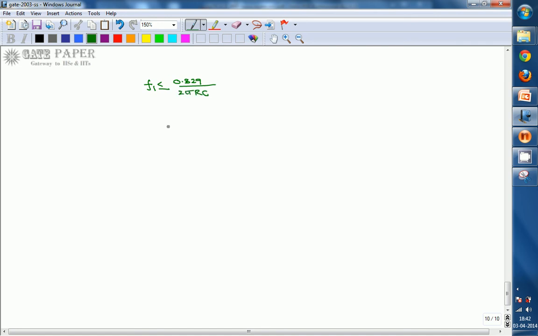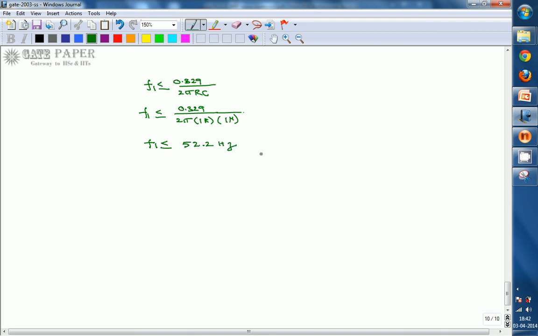Now substitute the values of R and C here. Then we'll get f1 less than or equal to 0.329 divided by 2 pi, where R is 1 k and C is given as 1 microfarad. So finally we'll get that f1 is less than or equal to 52.2 Hz.